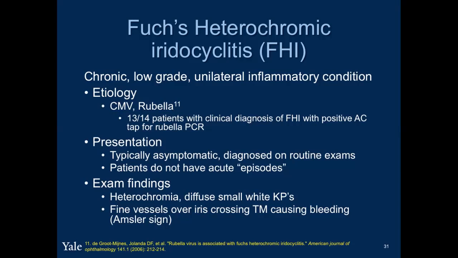Fuchs is also associated with several exam findings that are unique, including heterochromia, and they have this characteristic fine vessels that grow over the iris and cross the trabecular meshwork, which can lead to bleeding, especially during cataract surgery, which is known as Amsler's sign.